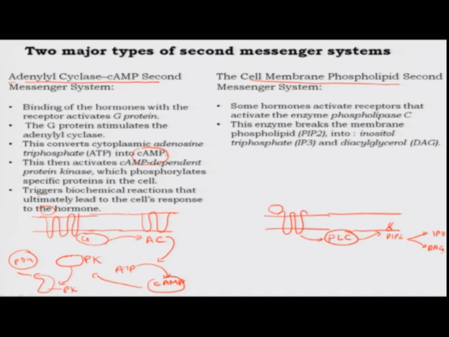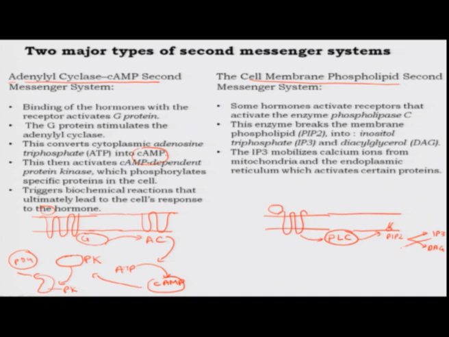What IP3 does is it goes to the endoplasmic reticulum, which stores a lot of calcium inside. So, IP3 binding to its receptor on the ER leads to release of this calcium from the store in the ER. Now, calcium is released in the cell and DAG is also there.